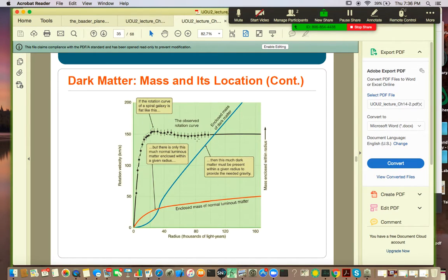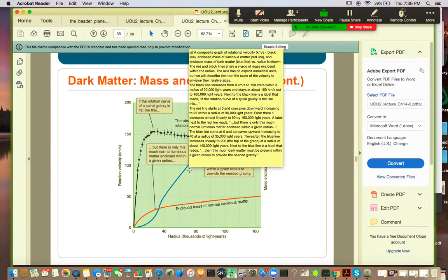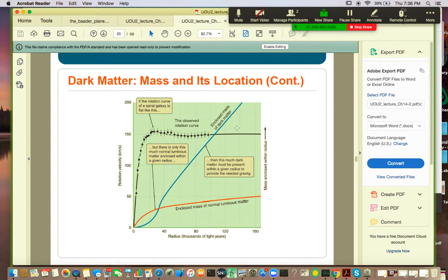There you go. So this is the observed rotational curve of stars. So as you go away from our solar system, this in blue is the mass of dark matter required to explain what is observed.